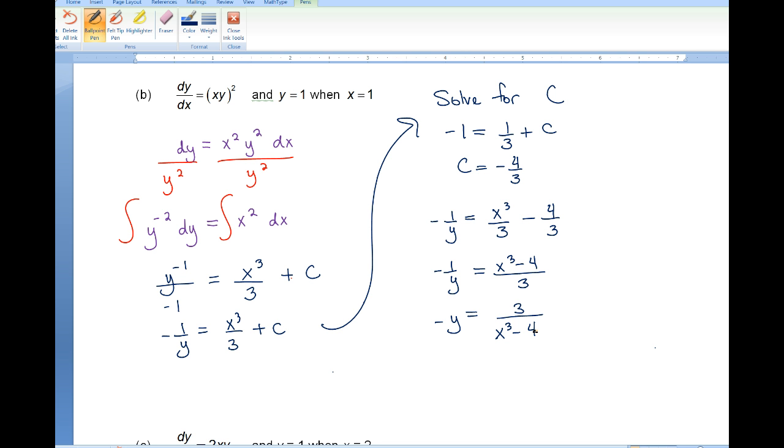Like if I have 1 over x equals 3 over 4, I just flip everything and make it x is equal to 4 over 3. How could I prove that? Well, you could just cross multiply and you would see 3x is equal to 4, so x is equal to 4/3.